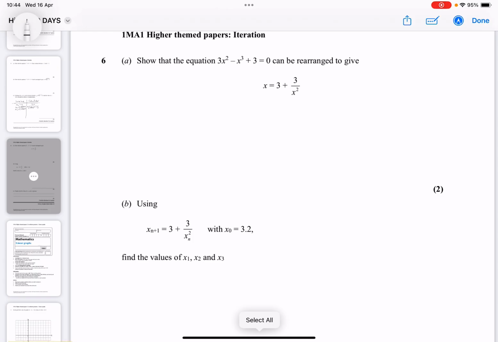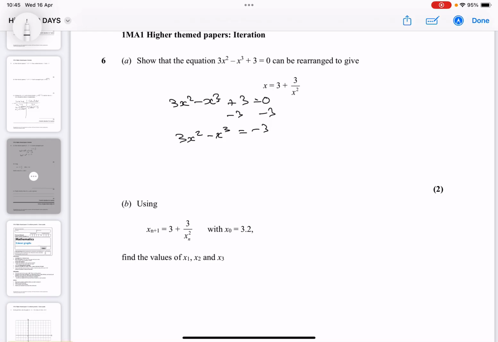So what I've got here is 3x squared minus x cubed plus 3 equals 0. I'm going to take the 3, so that's 3x squared minus x cubed equals negative 3.